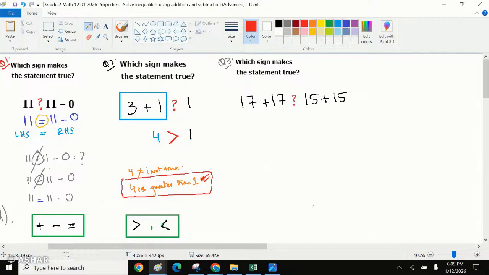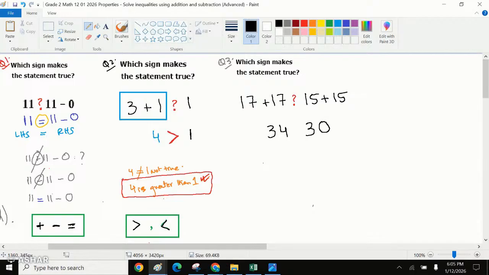Can we add 17 plus 17? If we add 17 plus 17, it becomes 34. When we add 15 plus 15, it becomes 30.